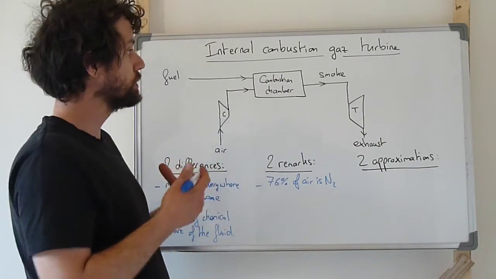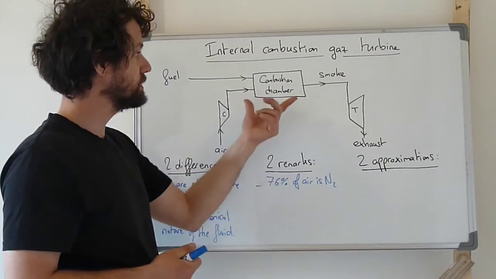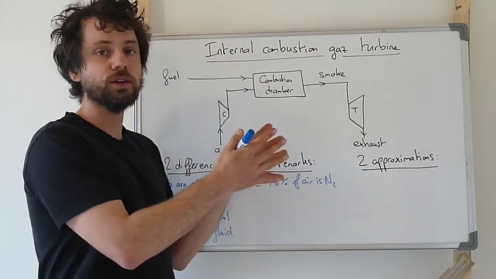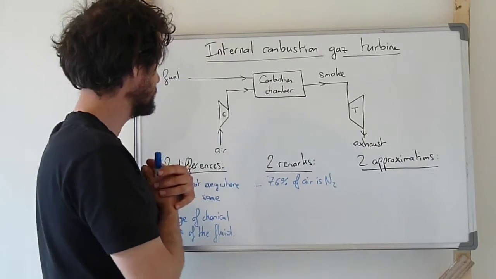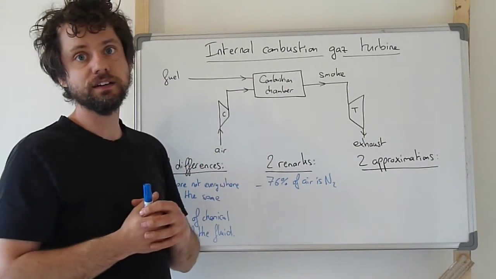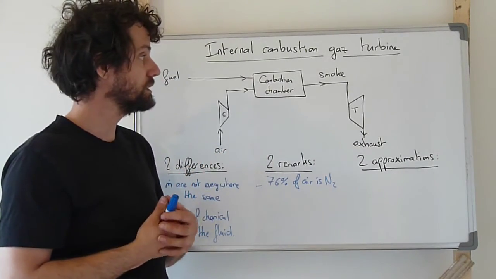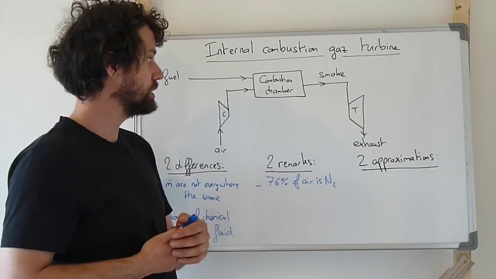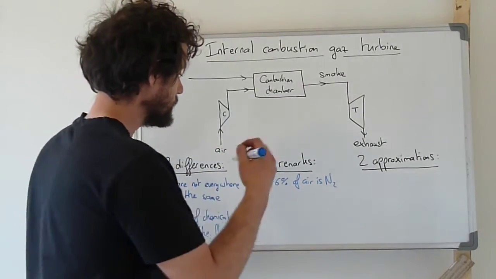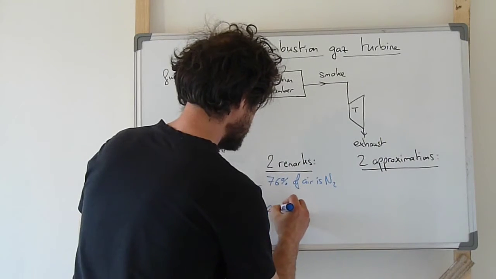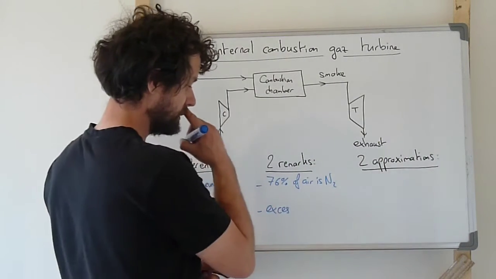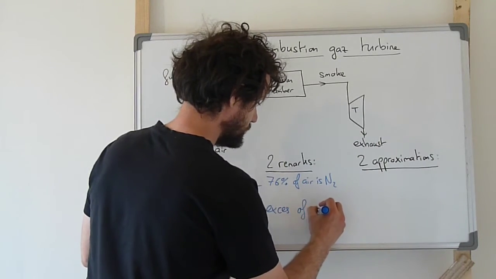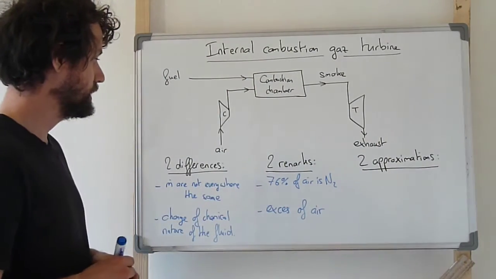And because the combustion also has to heat up not only the normal smoke but also the excess of air that is mixed with it, the smoke temperature at the outlet of the combustion chamber will be lower. So that's the second thing we can say, there's a large excess of air for the reaction.